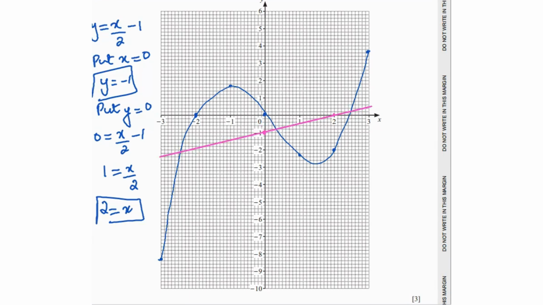And we're getting one solution over here, one solution over here, and the other over here.